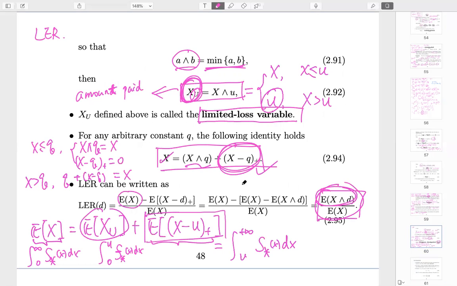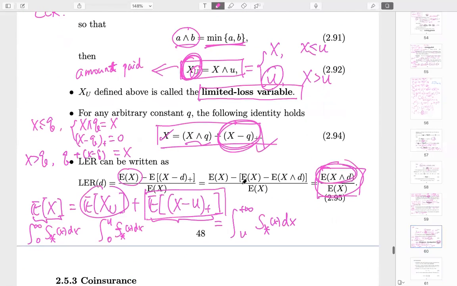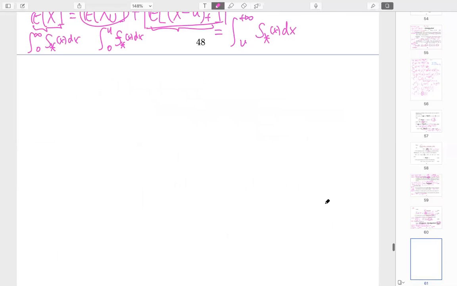By the way, there is a somewhat more interesting case. Let me get one page to show you. I can have a deductible d and a limit at the same time. This is actually very common. So let's say the limit is bigger than the deductible. Now, how many regions do I have?